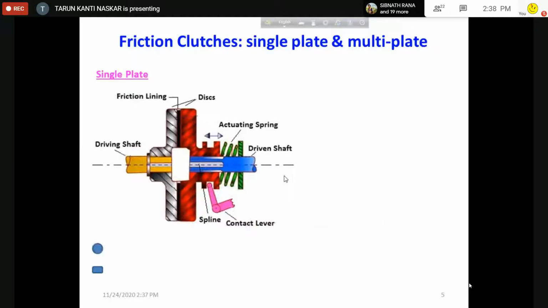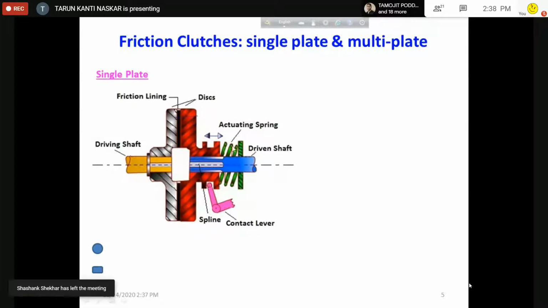Now, the single plate clutch, it was mentioned. Here these are the two discs, and here there is friction lining, and this is the contact lever for the operation of the clutch, that means for engagement and disengagement.